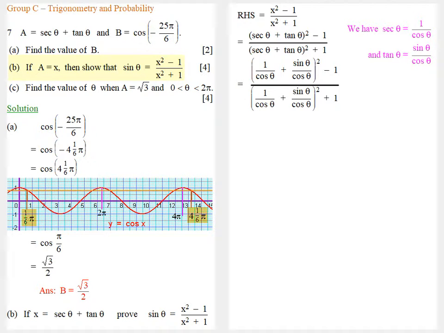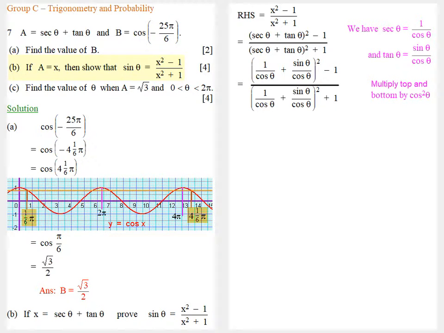On the top we can change sec theta into 1 over cos theta and tan theta into sine theta over cos theta, and it's exactly the same on the bottom as well. So the right-hand side is equal to 1 over cos theta plus sine theta over cos theta all squared minus 1 over the same thing plus 1.